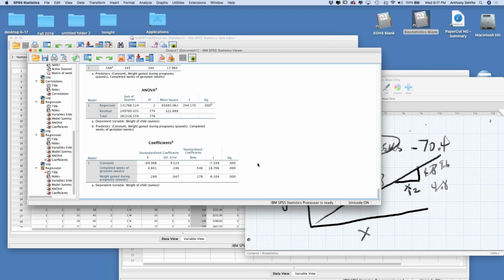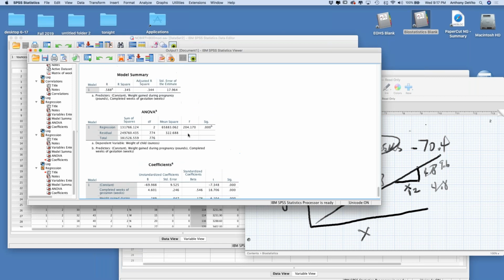So if you do the correlation between two variables and you get a low association, and then you do the regression and you get a higher one, is that possible? No, no. What's going to happen is you're going to get the same R value. If the R is low, you're going to get a lower R square. If the R is high, you're going to get a higher R square.